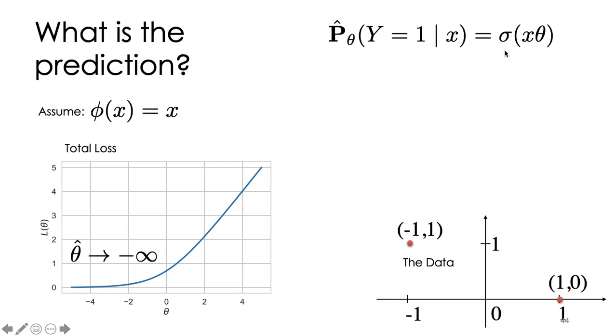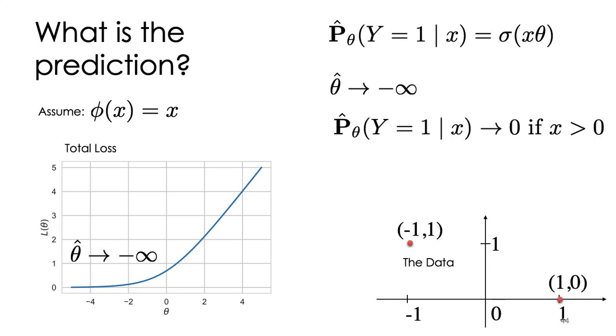So as we know, the best theta is heading off towards minus infinity. And so let us see what happens to this prediction as theta goes to minus infinity. If x is positive and theta is going to minus infinity, then x theta is also going to minus infinity. Remember your logistic function.